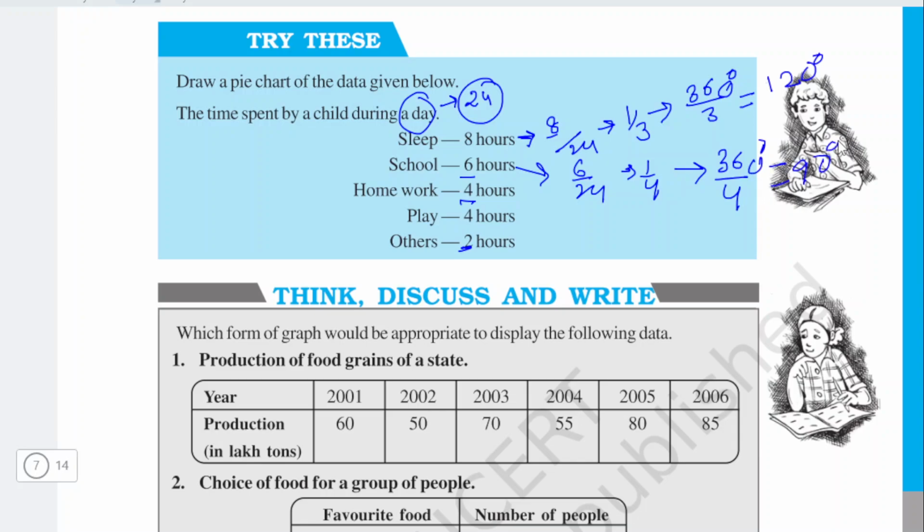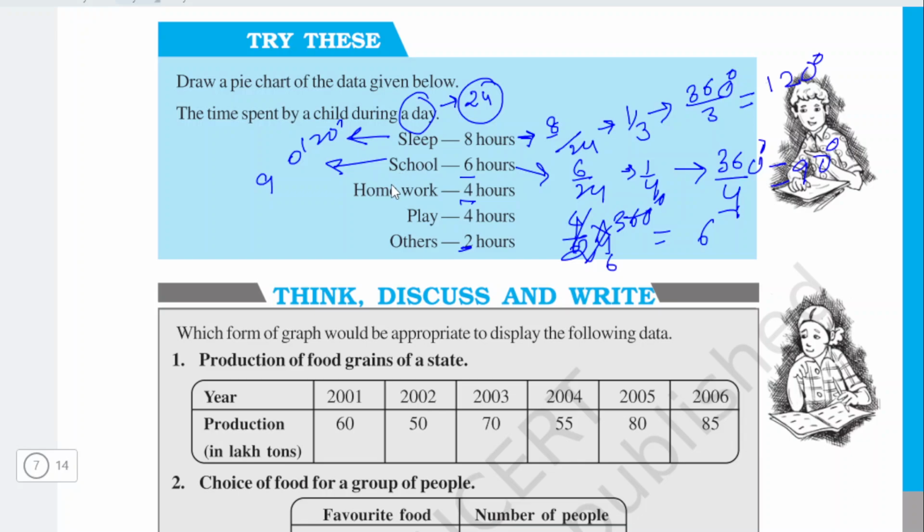So you will get 120 degree for sleep, 90 degree for school. Okay, for homework 4 hour, so 4 by 24 into 360, it will be 60 degree.